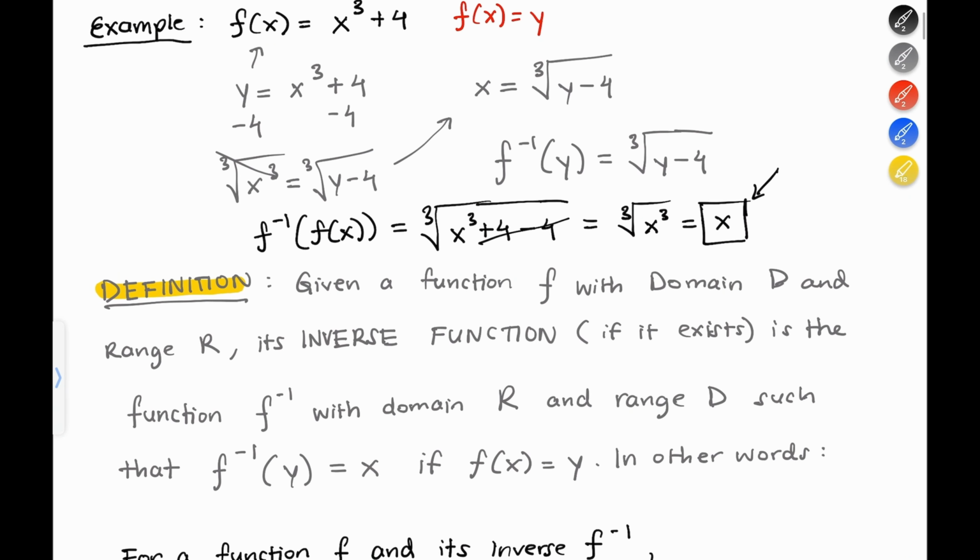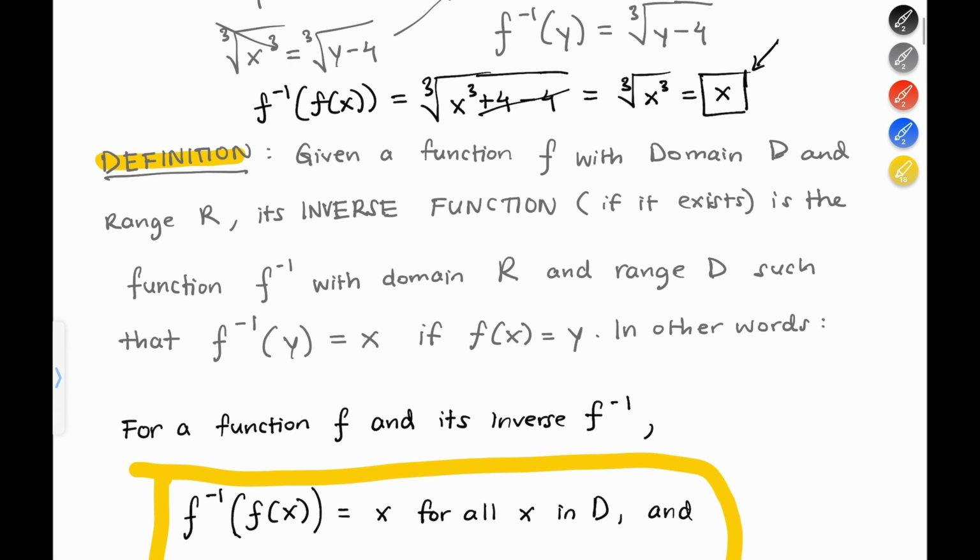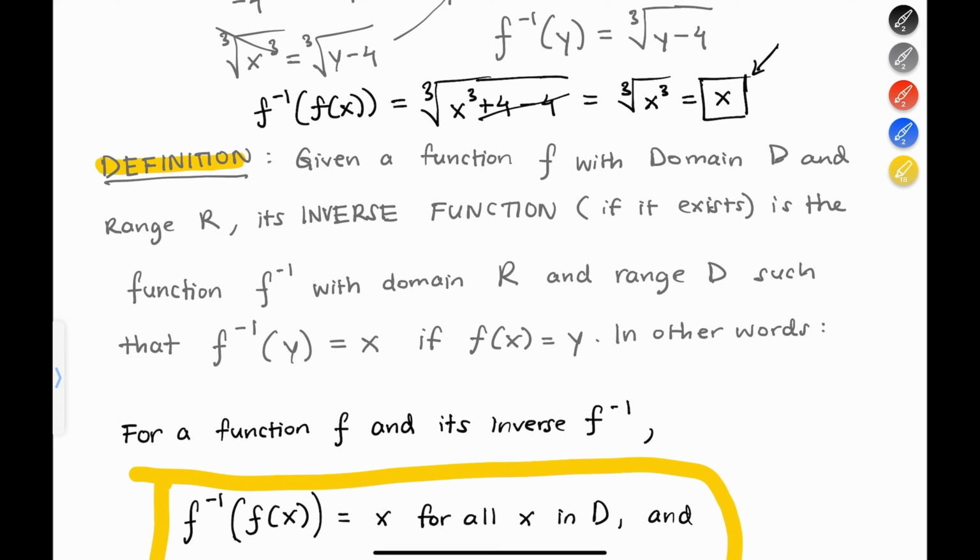Now I'm going to read the definition of an inverse function. It says, given the function f with domain D and range R, its inverse function, if it exists, is the function f inverse with domain R and range D, such that f inverse of y is equal to x if f of x is equal to y.